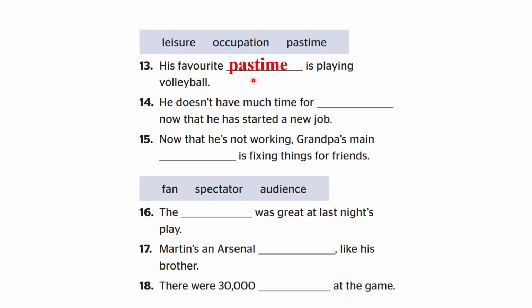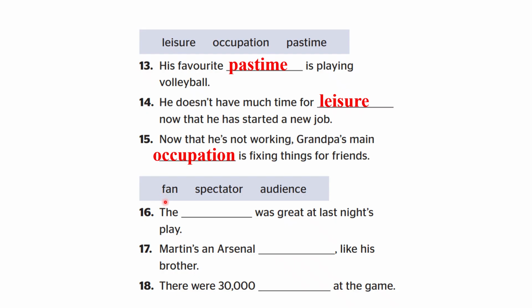You have studied that in grade 5 or 6. In number 14, he doesn't have much time for leisure. So we mean to entertain himself. And finally, now that he's not working, grandpa's main occupation, excellent. So occupation is main time, how you spend your main time.